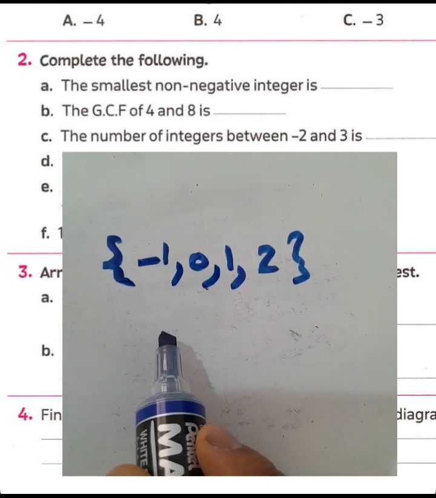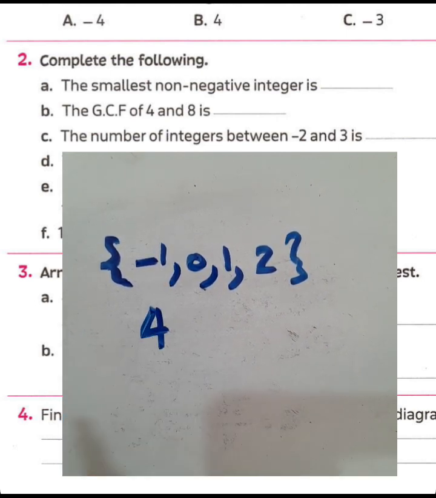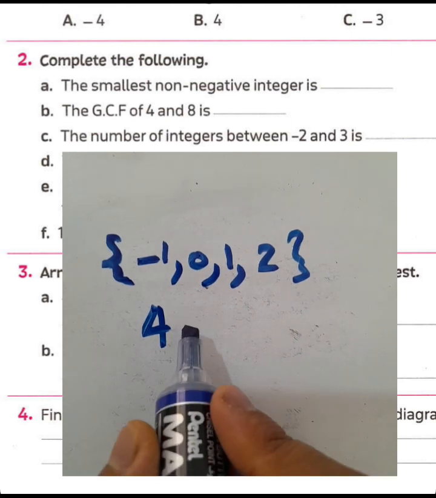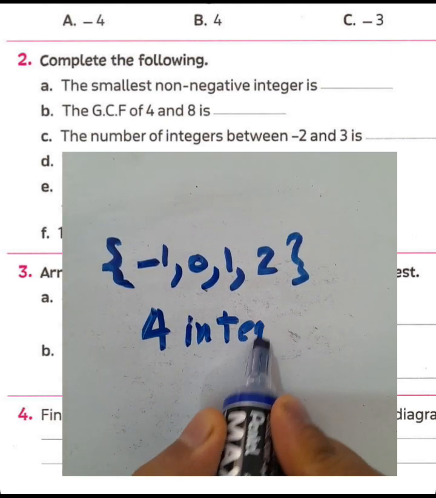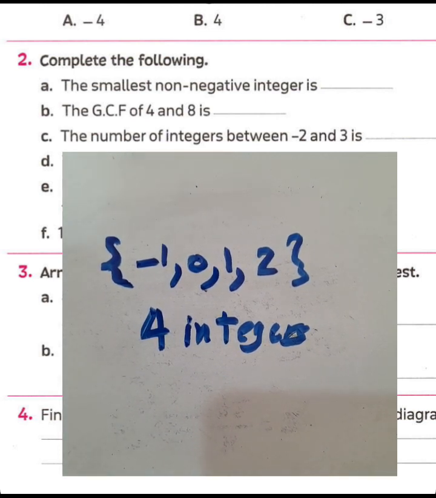So the number of integers between -2 and 3 will be 4, because we have the set of numbers -1, 0, 1 and 2. We have 4 integers.